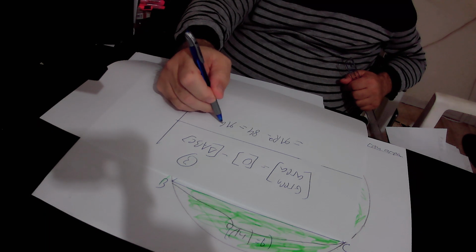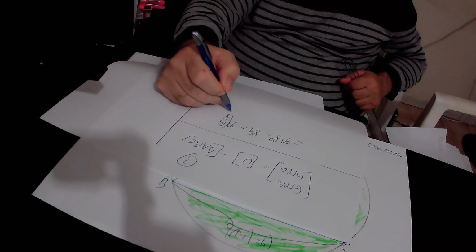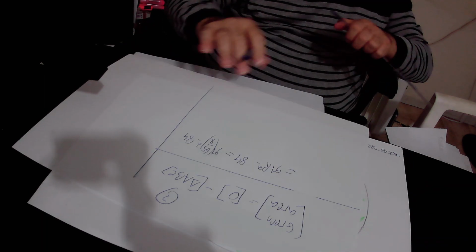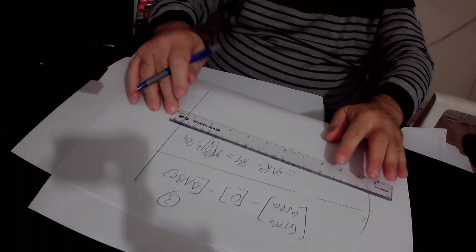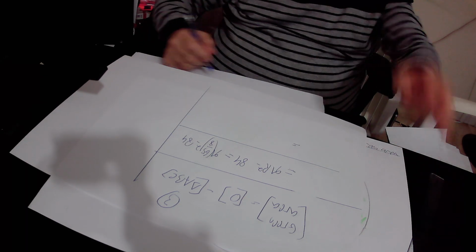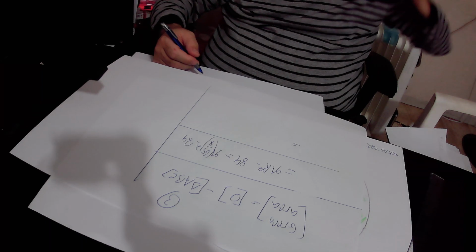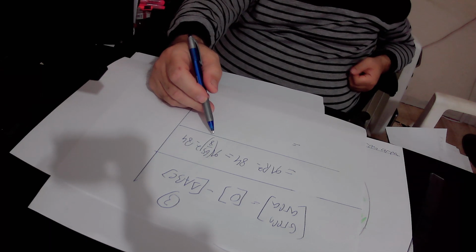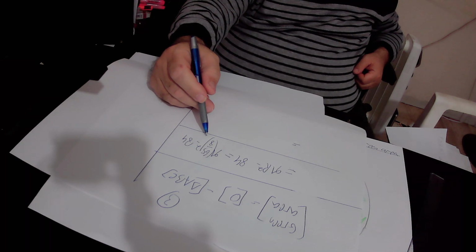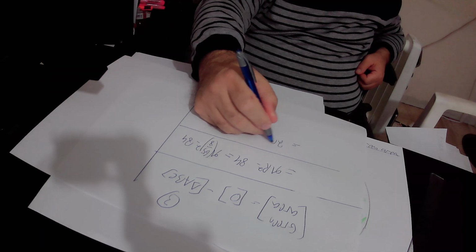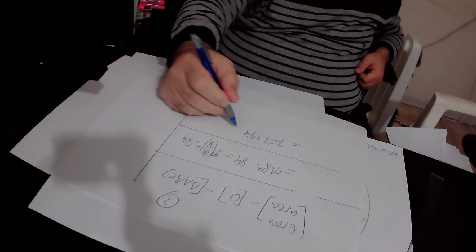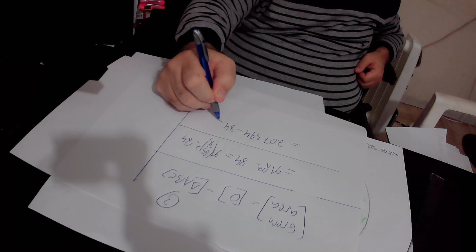Therefore, the area of the green shape in total will equal pi times 65 over 8 squared minus 84, and pi times 65 over 8 squared equals 207.394 square units, minus 84.